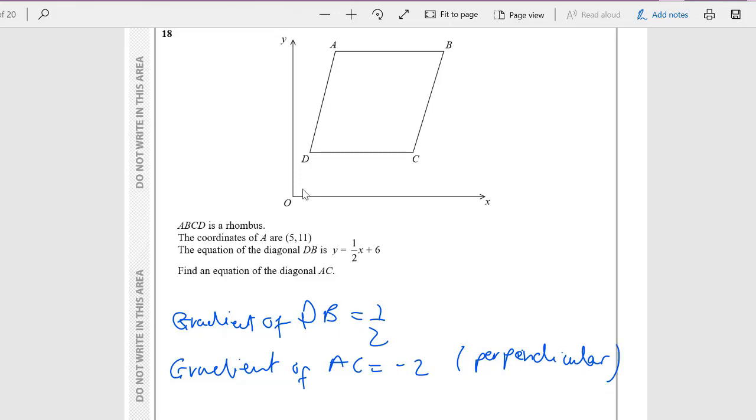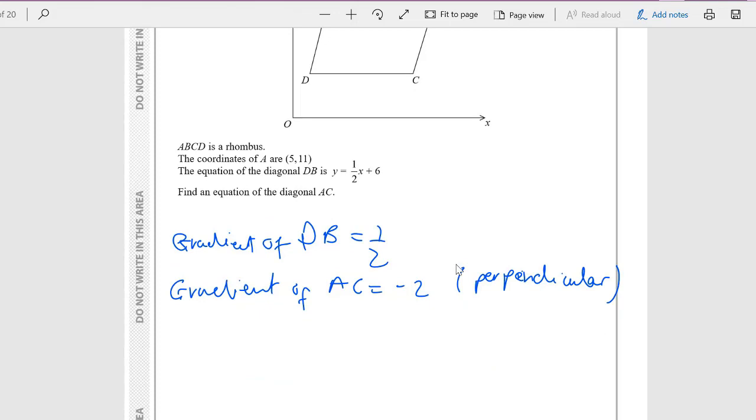So if this is DB here, then AC is going to be perpendicular. So remember, if you multiply two perpendicular gradients, you get the product of minus 1. So therefore we're going to have y equals minus 2x plus c, which is the equation of the line.